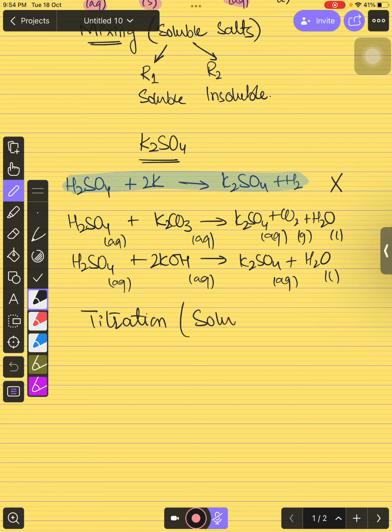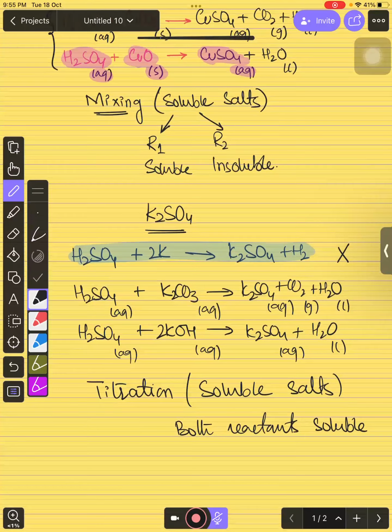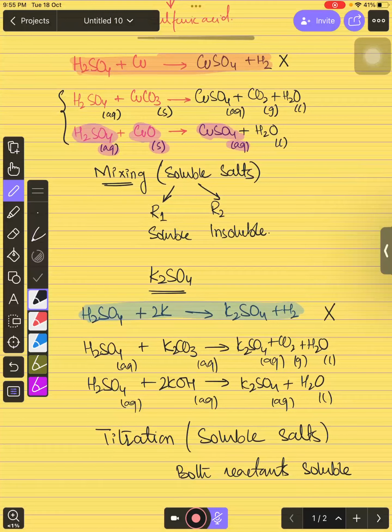If you are forming a soluble salt and both the reactants are soluble, then you need to use titration. And if one is soluble and one is insoluble, then which will you use, children? You will use mixing. Is that clear to all of you?